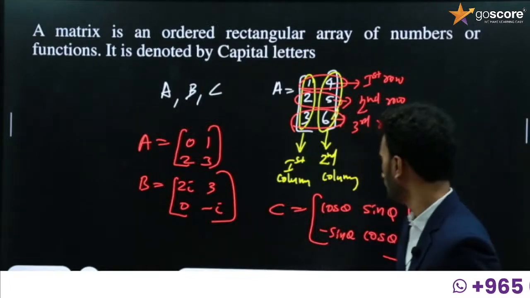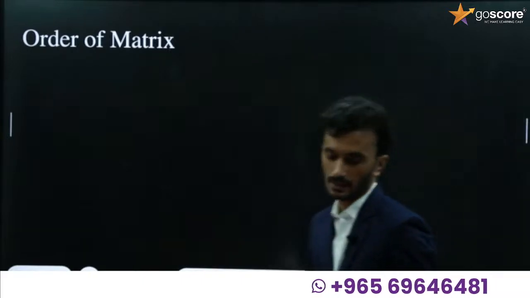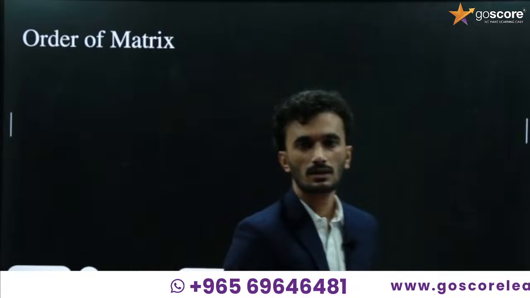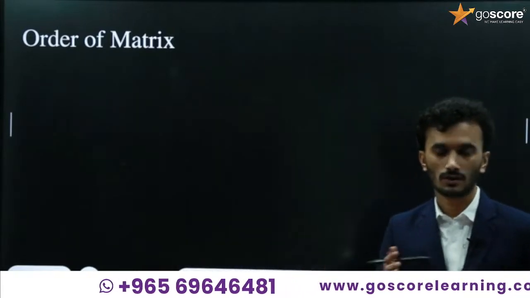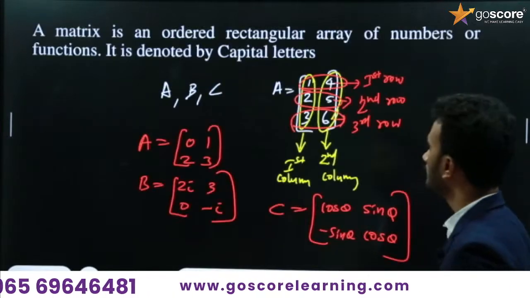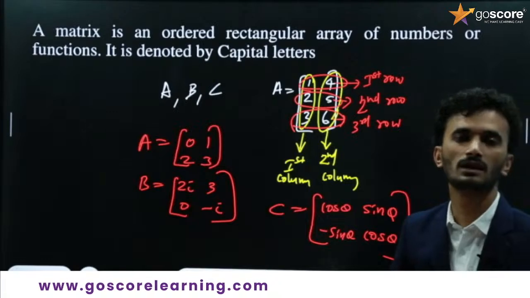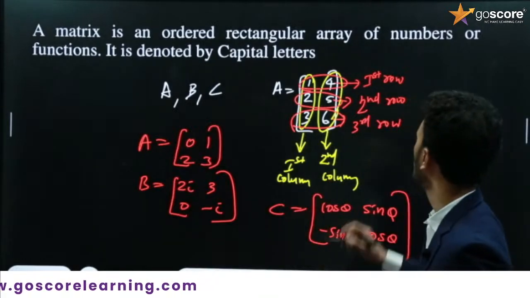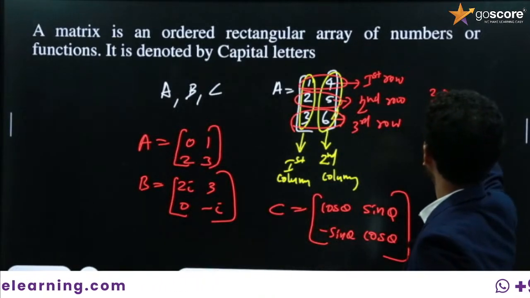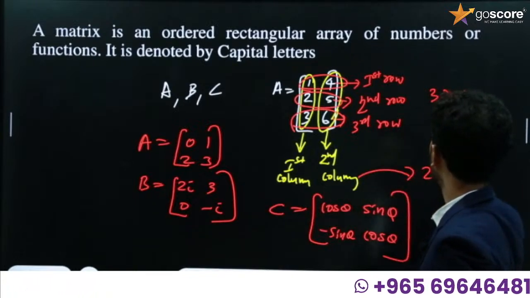Next we will discuss the order of a matrix. What do you mean by the order of a matrix? Anyone can answer, or you can comment in our comment box. In the previous example, how many rows are there? There are 3 rows and how many columns? 2 columns.